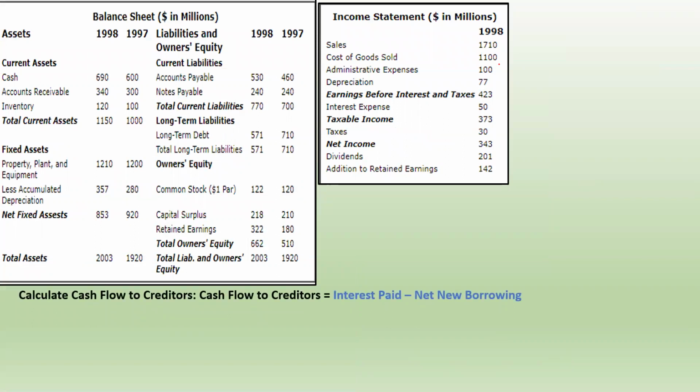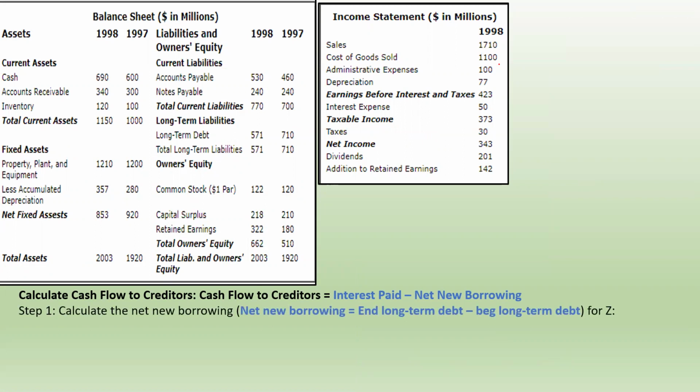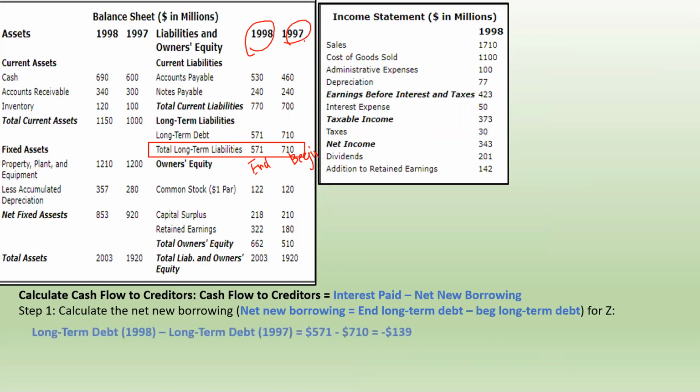The second one is to calculate the cash flow to creditors, which equals interest paid minus net new borrowing. Remember, the net new borrowing is the ending balance of long-term debt minus the beginning balance of long-term debt. This is the ending balance, and this is the beginning balance, because the ending balance is 1998 and the beginning balance is 1997.